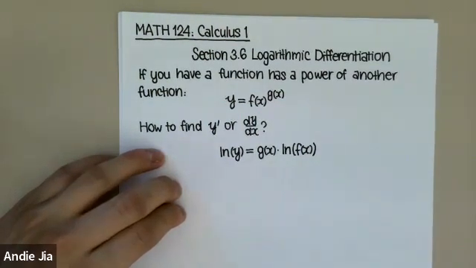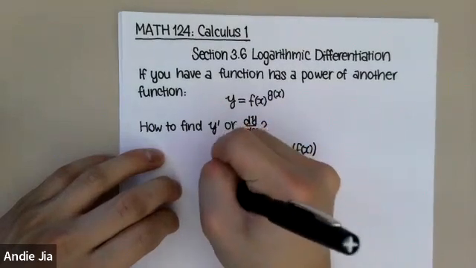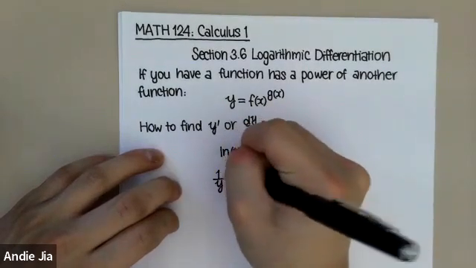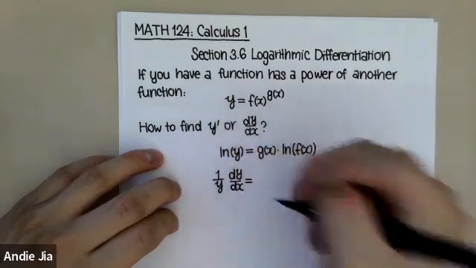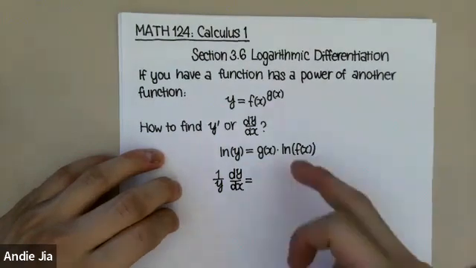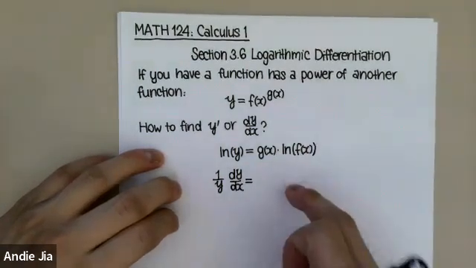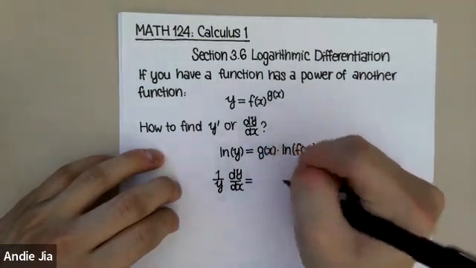And now we just take the derivative of this. It's 1 over y times dy/dx equals, using implicit differentiation, the chain rule and product rule.